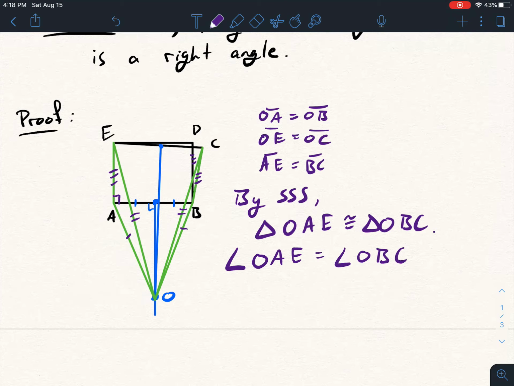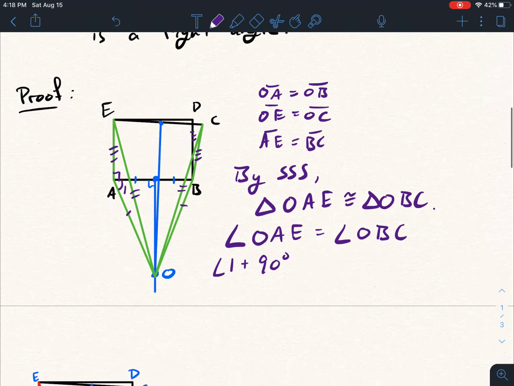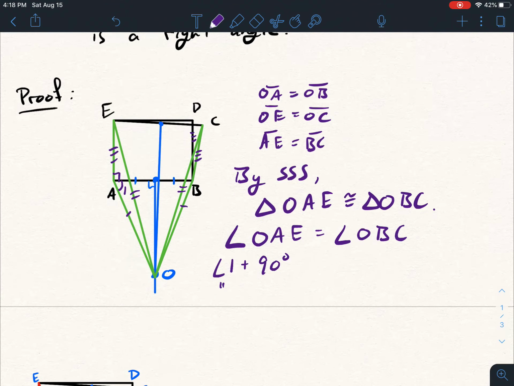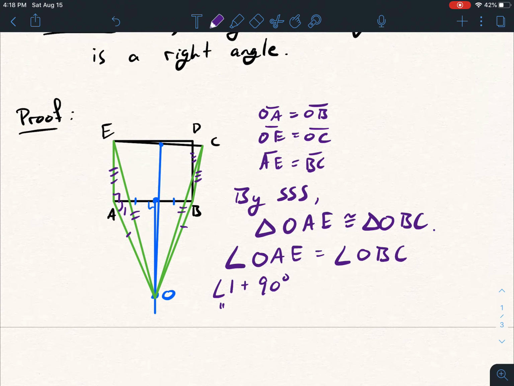I'm going to call this angle 1 right here. So this is angle 1 plus 90 degrees. Angle 1, to be more technically correct, is equal to OAB, and then the 90 degrees was just BAE, and that was equal to 90 degrees just by construction.